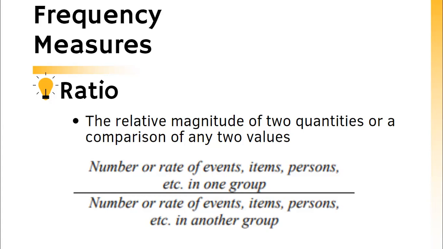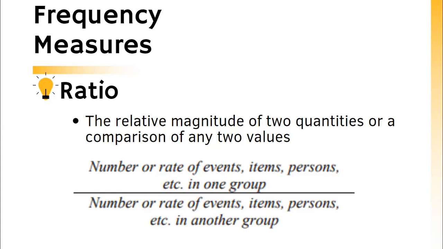Ratio is the relative magnitude of two quantities, or a comparison of any two values. What I want to point out is that when we are talking about ratio, we are comparing two different values, such that this comparison is expressed as the number or rate of events, items, or persons in a particular group compared to the rate or number of events, items, or persons in another group.